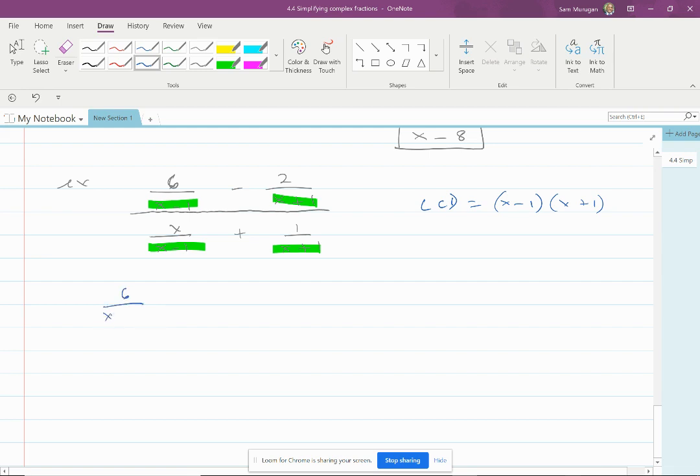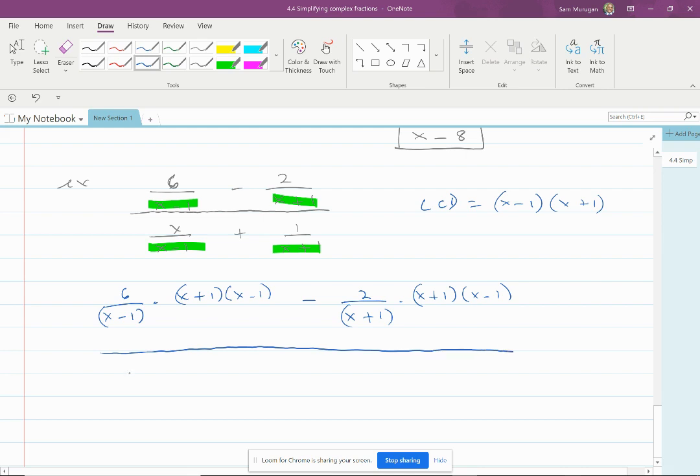6 over x minus 1, times x plus 1, x minus 1, minus 2 over x plus 1, times x plus 1, x minus 1, over x over x minus 1, times x plus 1, x minus 1, plus 1 over x plus 1, times x plus 1, x minus 1.